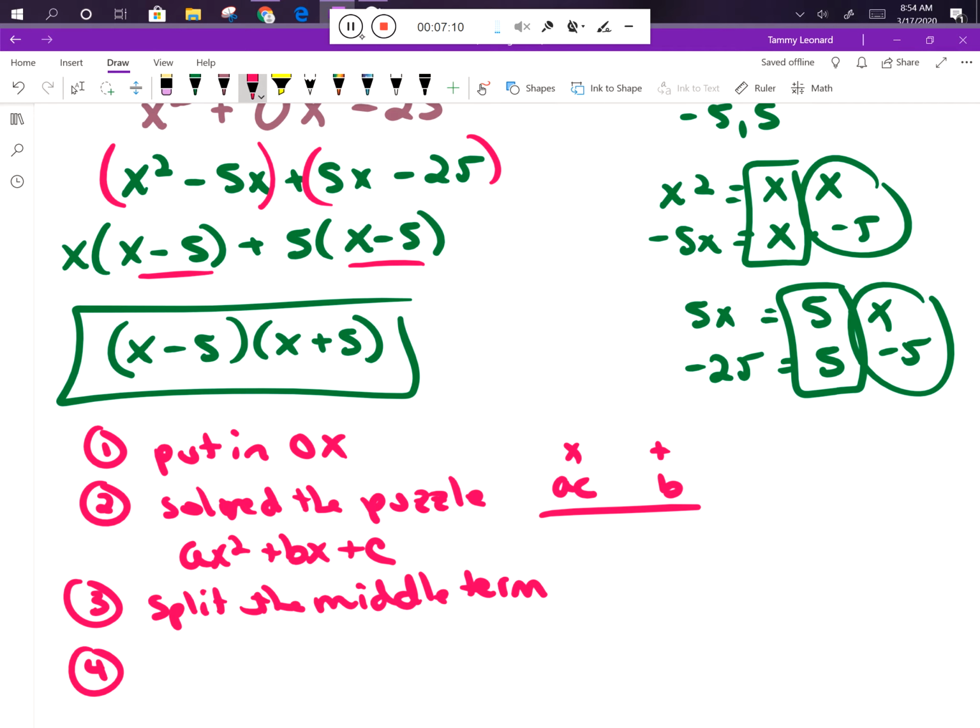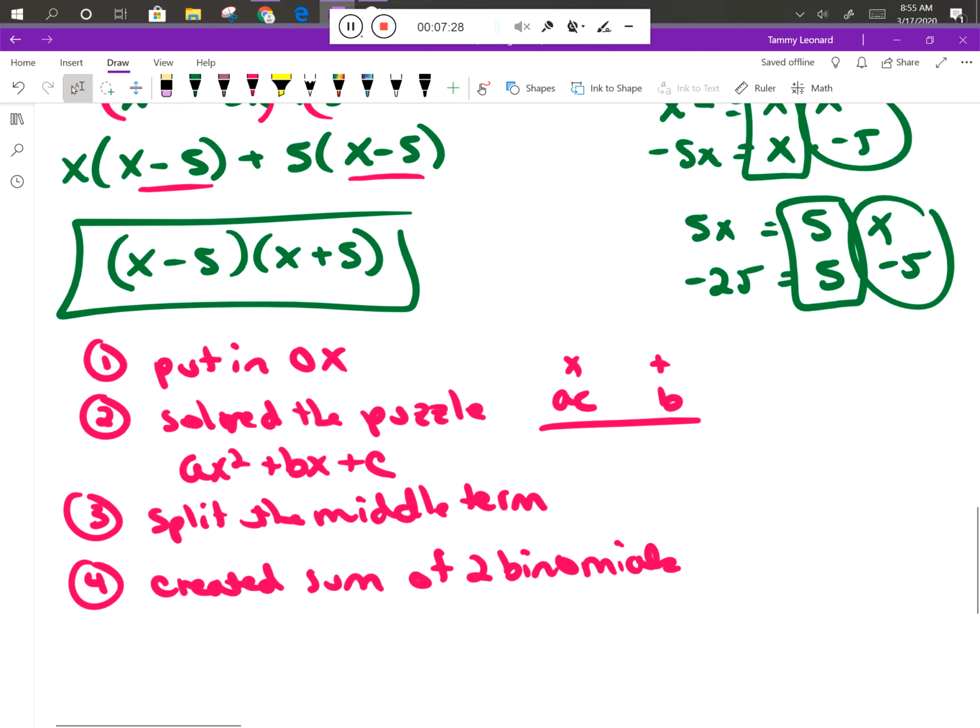Step 4, we created a sum of two binomials. That's where we go in and we put the parentheses with the plus sign in between to let us group the first two terms and the last two terms.